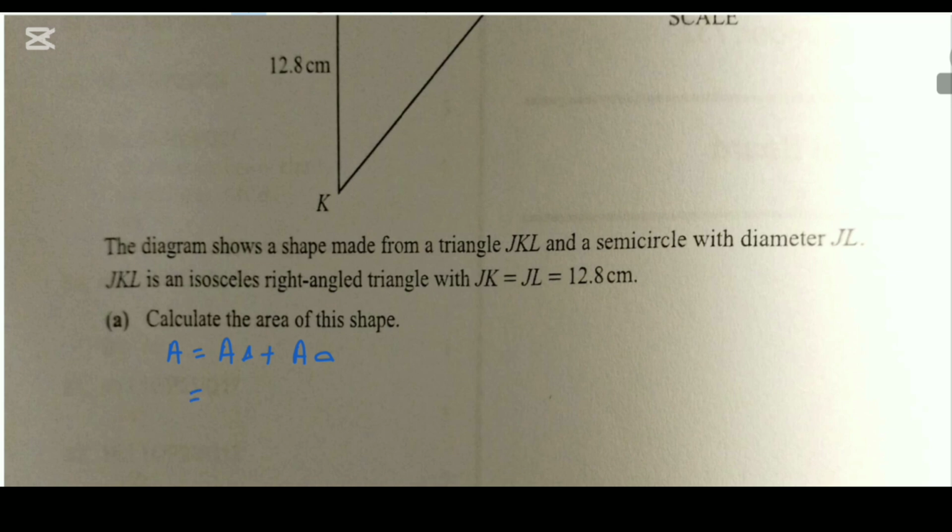So what is the formula of area of triangle? 1 over 2 into base into height, plus area of semicircle, whose formula is 1 over 2 pi r square. Area of circle is pi r square, so area of semicircle will be 1 over 2 pi r square.